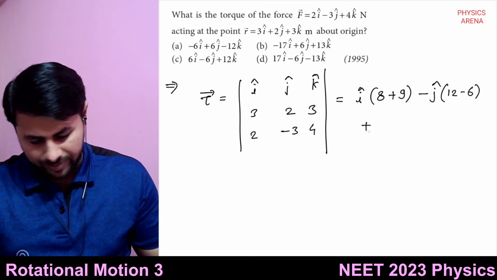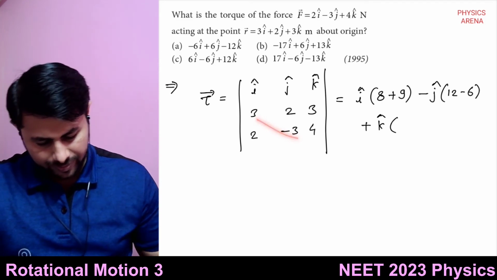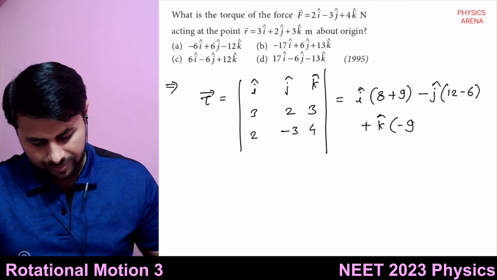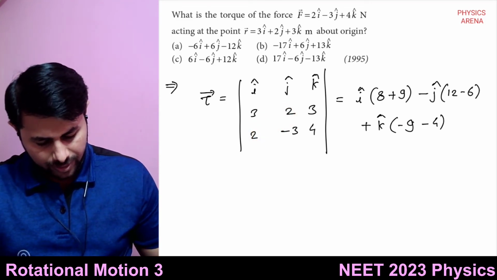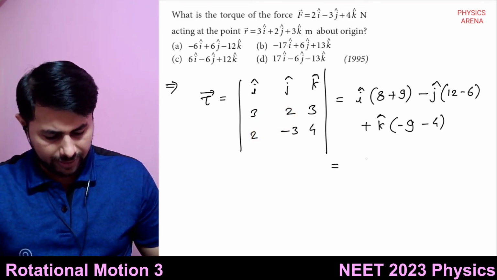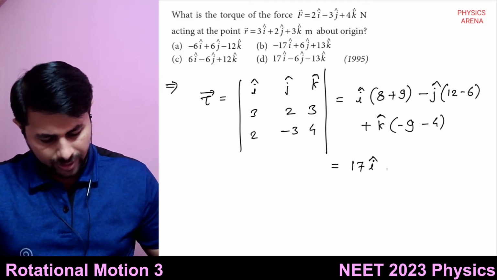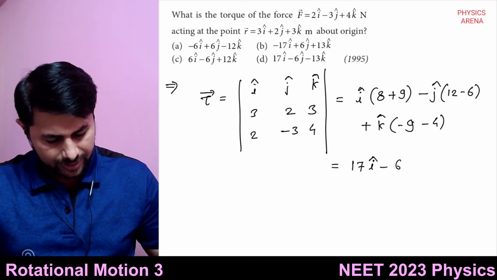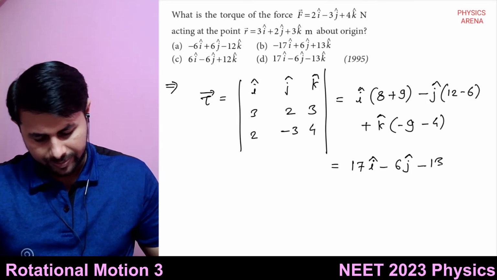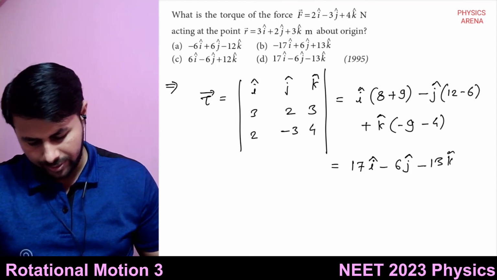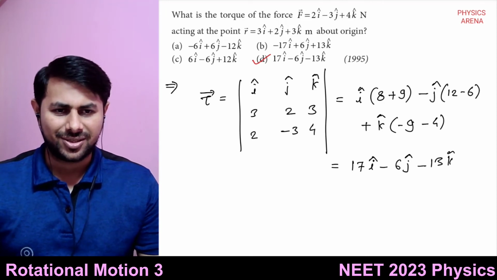Plus K cap multiplied by now 3 times minus 3, which is minus 9, minus 2 times 2, so minus 4. So 20 I cap, then minus 6 J cap and minus 13 K cap. This is the answer. Which one? Option D. Right, option D is the answer.